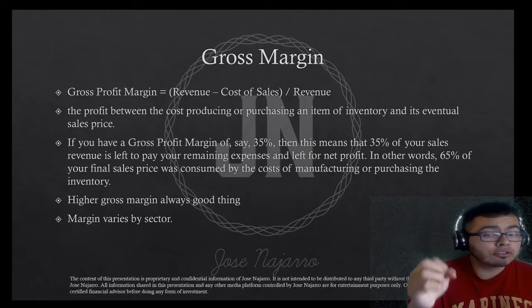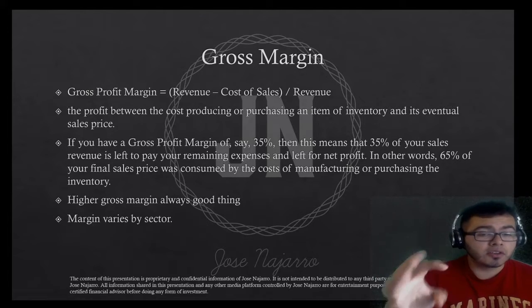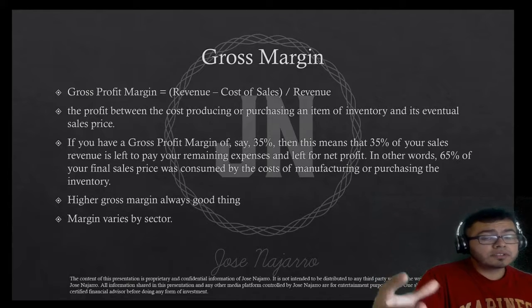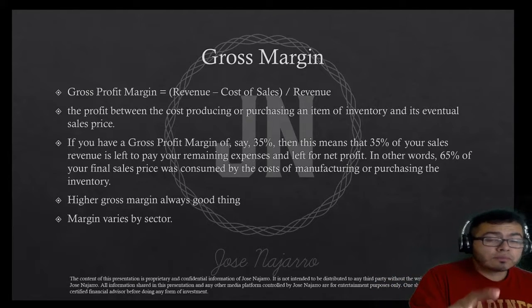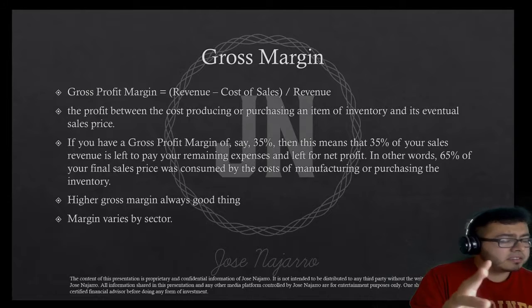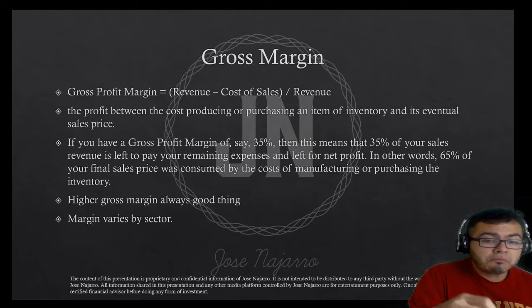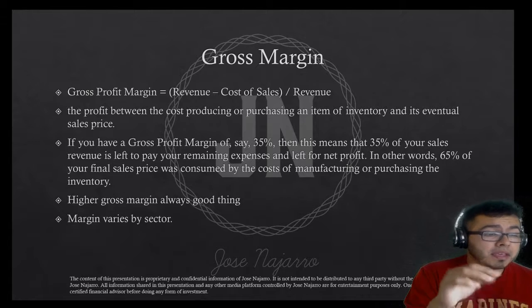So higher gross margin is always a good thing, right? If a company is increasing their gross margins, that's always a good thing. Lower gross margins, on the other hand, is not always a bad thing. Just because they have lower gross margins doesn't mean that the company is doing badly.